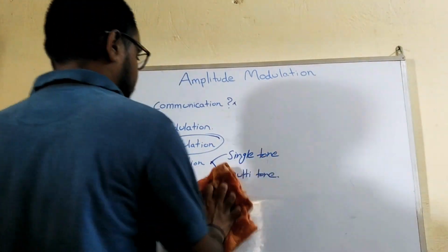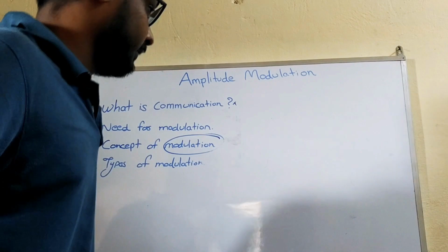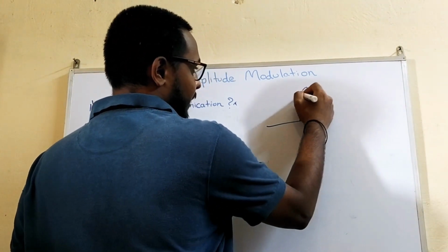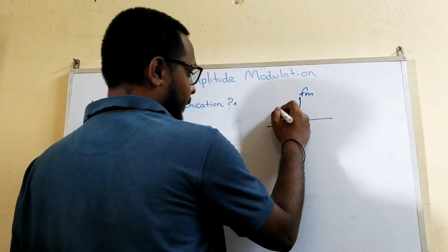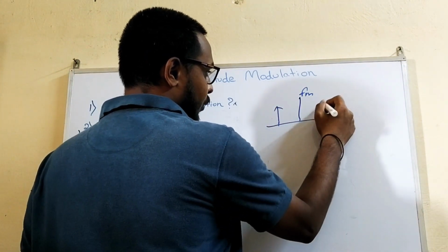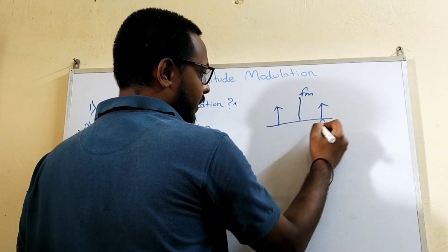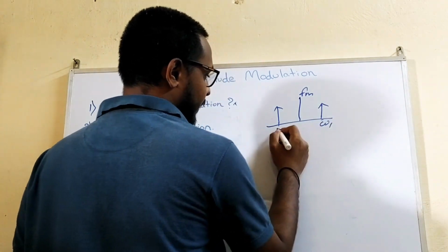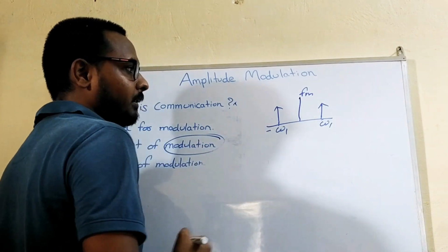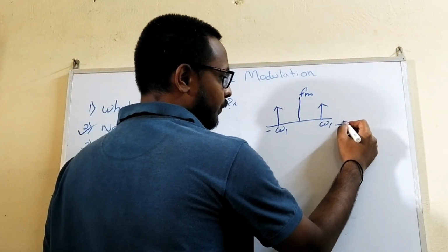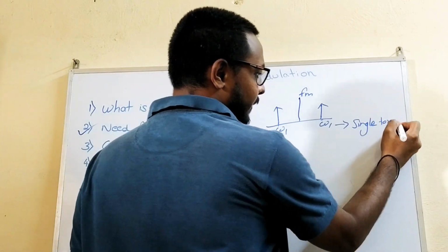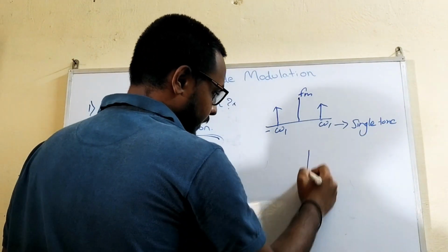Let me draw the diagram of this. This is our message signal, and if only one frequency component is there, say minus omega 1 to omega 1, only one frequency component, then it is called single tone modulation.